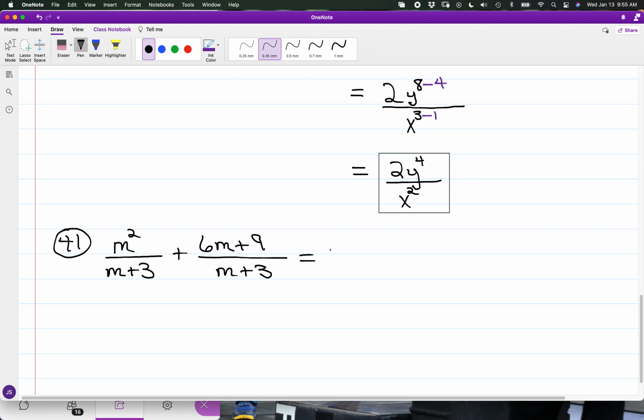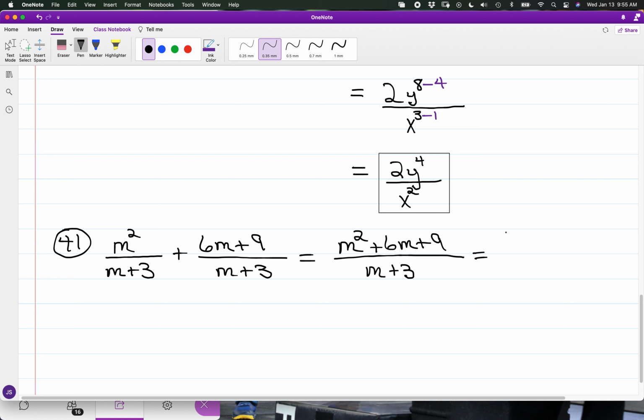Now we have the same denominator, so I can go ahead and combine the numerator terms. Thus we have m squared plus 6m plus 9 all over m plus 3.